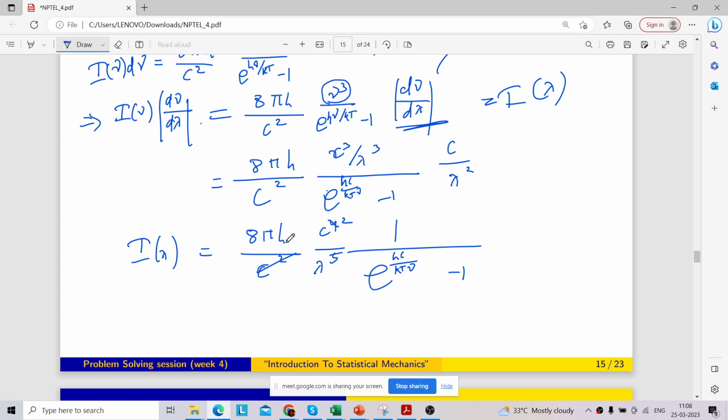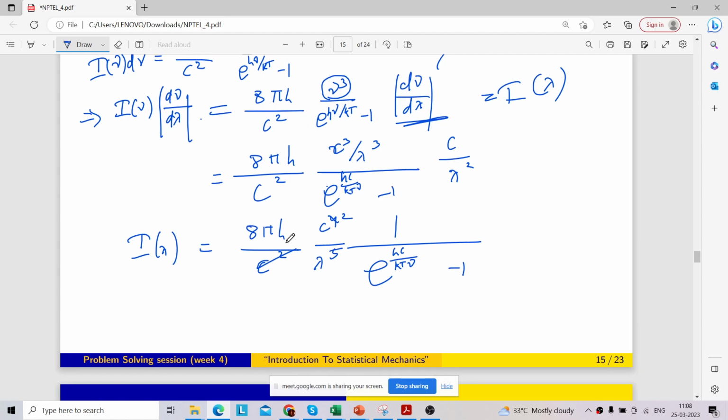Then what do we have to do? Okay, so we have distribution in terms of wavelength, right? And Wien's displacement law is lambda max times T is some constant a. That means at the maximum value of lambda, this relation holds.